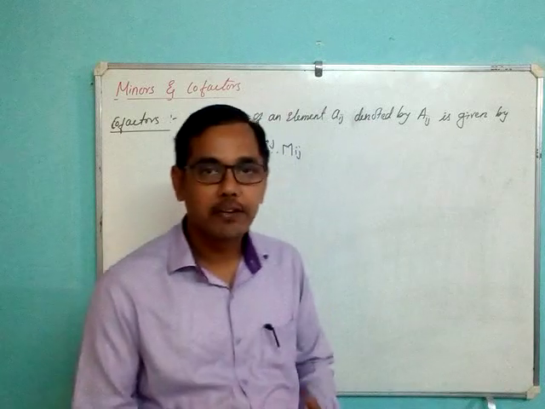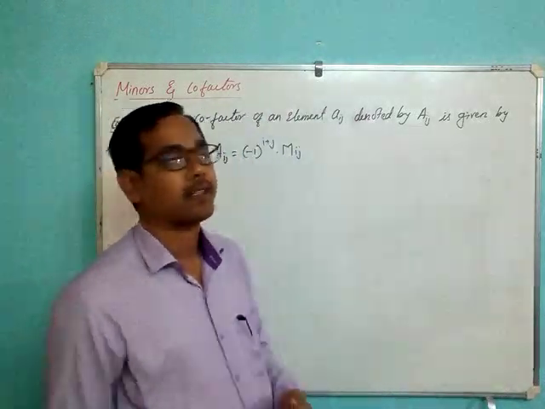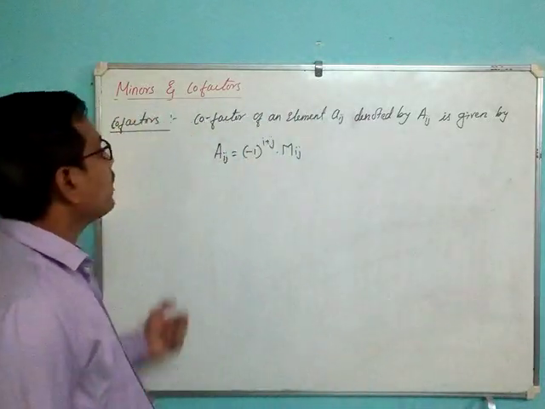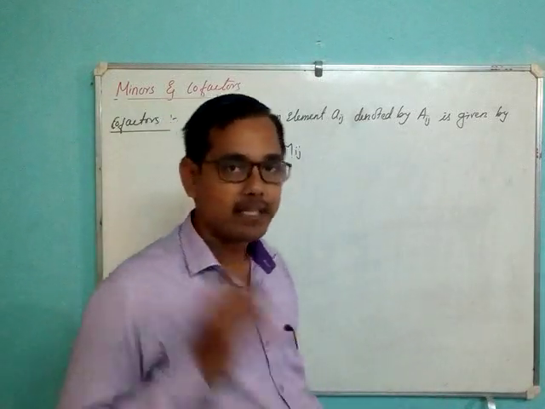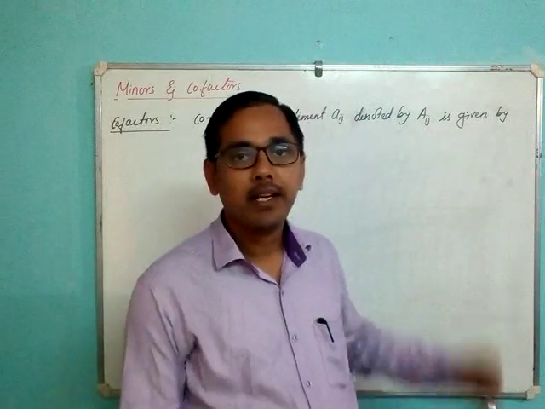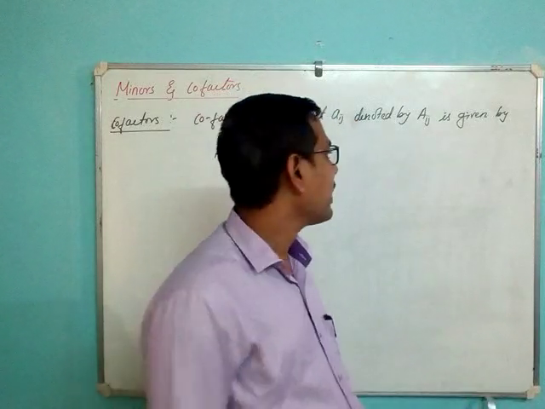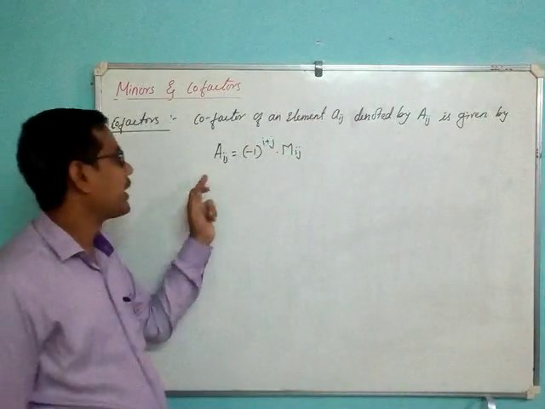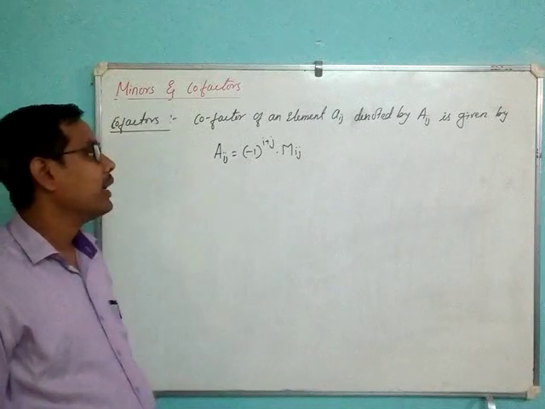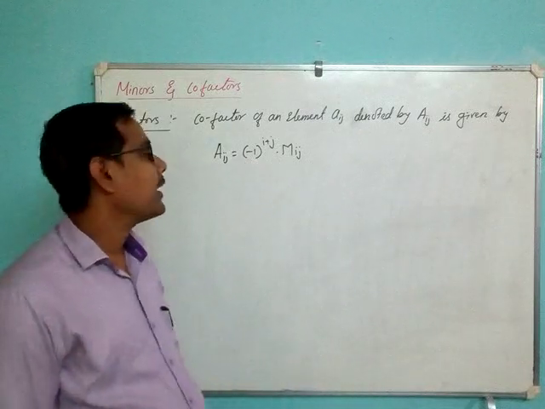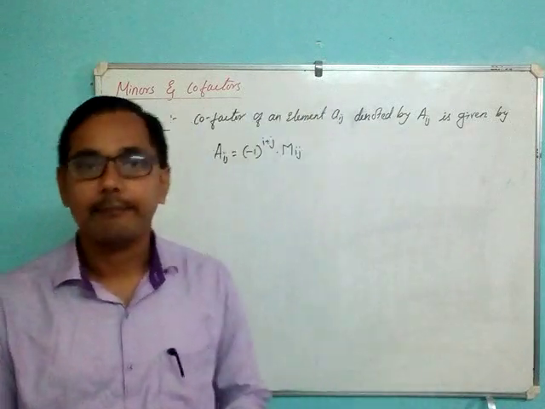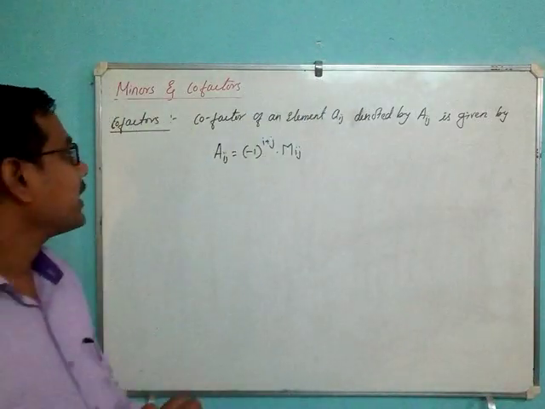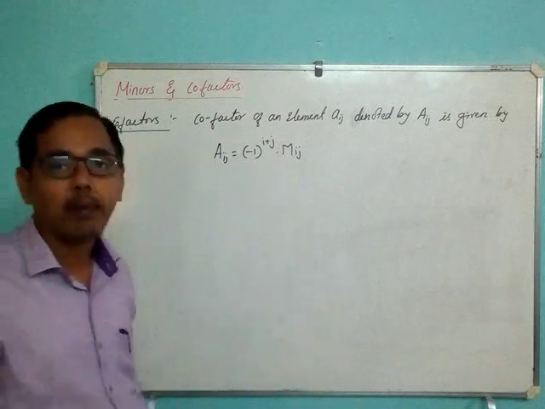And the next definition here is about cofactors. What is a cofactor? Right, the cofactor of an element aij is denoted by capital Aij, whereas the minor is denoted by Mij. Here, the cofactor is denoted by Aij and is given by this formula: Aij is equal to (minus 1) to the power i plus j into Mij. So the condition here is you need to know the value of the minor.